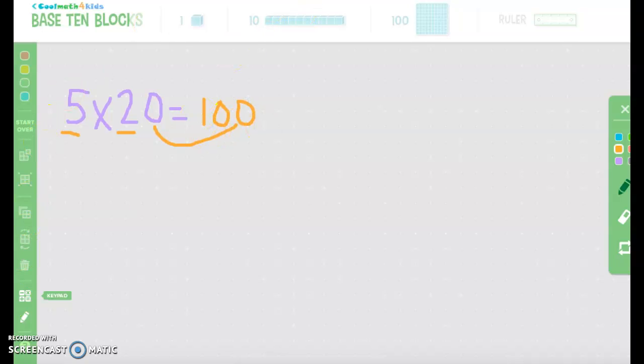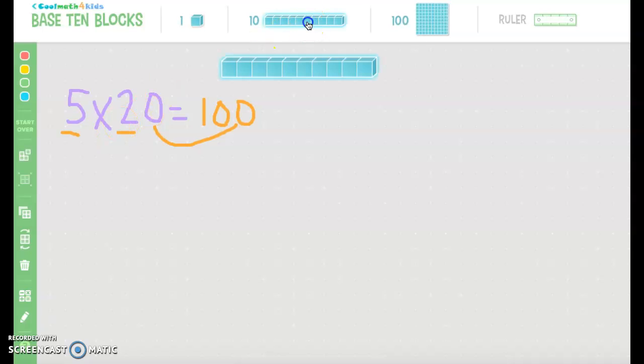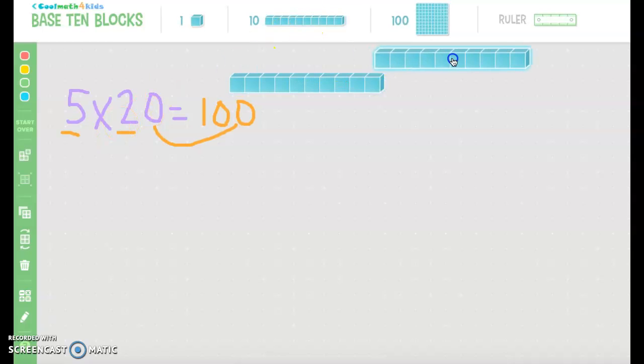Now let's use base 10 blocks to show us why this works. This is saying I have 5 groups of 20, and 20 is 2 tens.